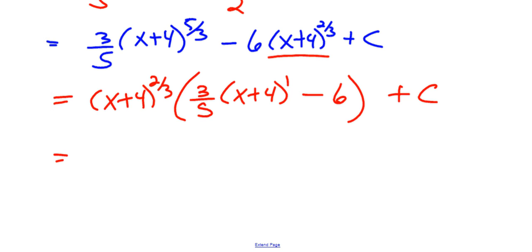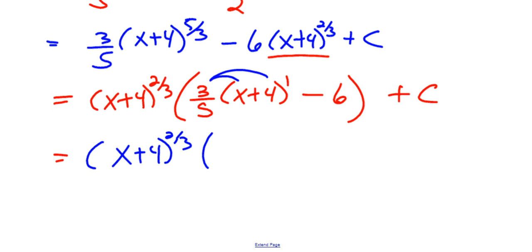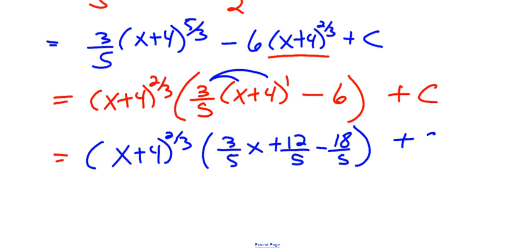All right, then from here, I can go ahead and distribute this. I'm just going to neaten these big parentheses up here. I'm going to have (x plus 4) to the 2/3 times 3/5 x plus 12/5 minus 6. But I want to try to simplify these fractions. I'm going to go ahead and put that this is really -18/5 plus c.